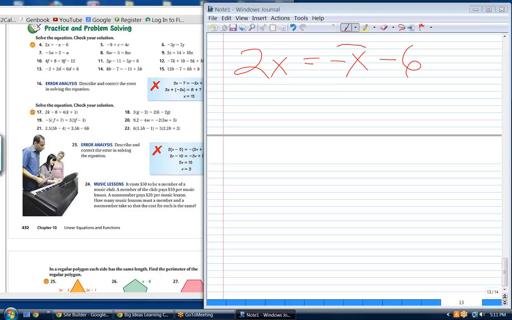But it makes more sense to move that x to this side for a couple of reasons. First of all, it leaves all the numbers positive. Second of all, it puts x on the left side, which we're all more comfortable solving. Aren't you more comfortable solving when your variable's on the left side of the equation? So if we add x to both sides, what do we have?